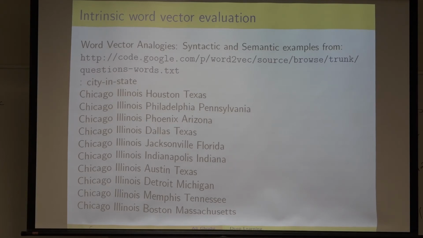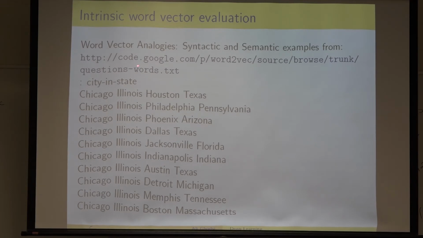That would be Texas. Basically, it finds you this last word. It's like Chicago minus Illinois plus Houston is equal to Texas. So these pairs have the same relation. Chicago to Illinois is like Philadelphia to Pennsylvania.